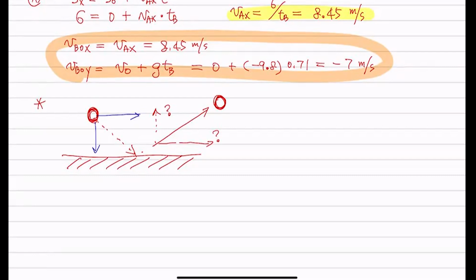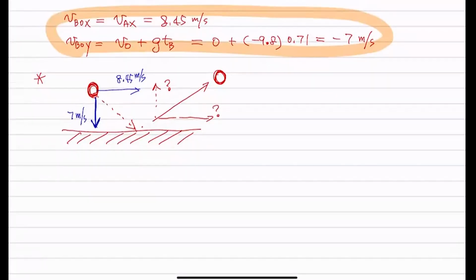That was obtained as 8.45 meters per second. And this one, negative 7 meters per second, which means it's going downwards, right? And that was 7 meters per second. One thing that is very obvious in this case is this velocity is preserved. So the horizontal component is going to be 8.45 meters per second without any change. So all we need to find is the velocity in the vertical direction when it rebounds.